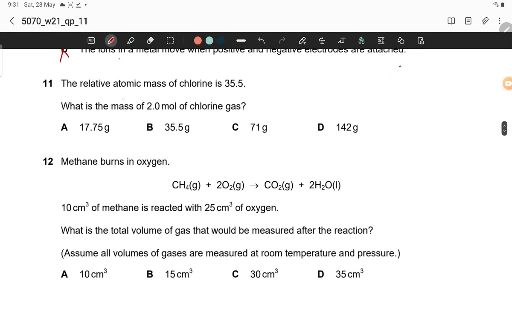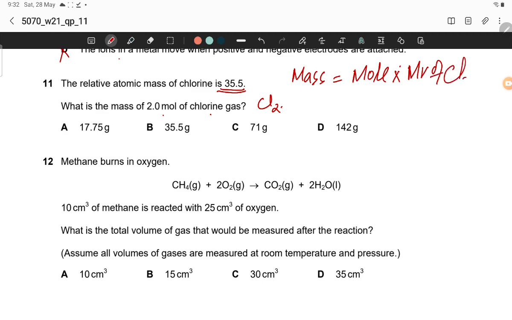The relative atomic mass of chlorine is 35.5. What is the mass of 2 moles of chlorine gas? Chlorine exists in diatomic form, so the mass is equal to moles times Mr of chlorine.